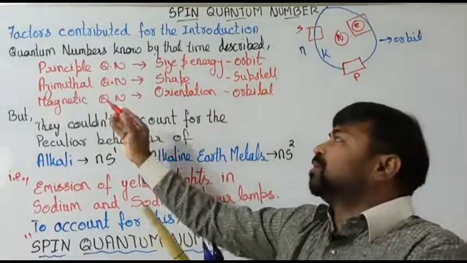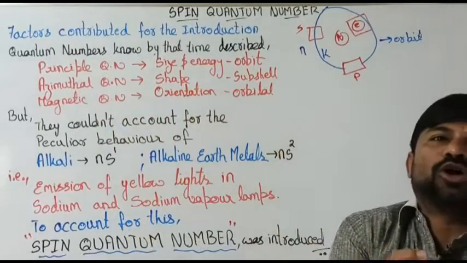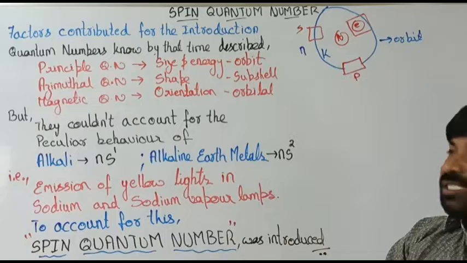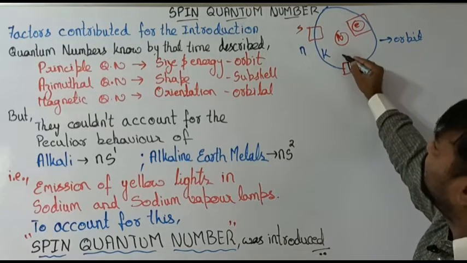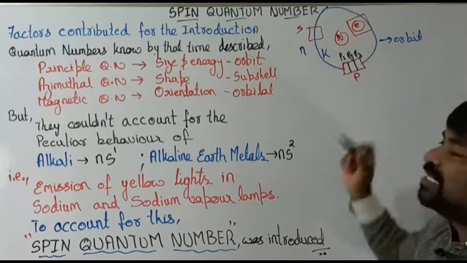Now the third one, the magnetic quantum number, spoke about the orientation of the orbital along the axis. Orbital means the one which is inside: the first one px, the second one py, the third one pz.